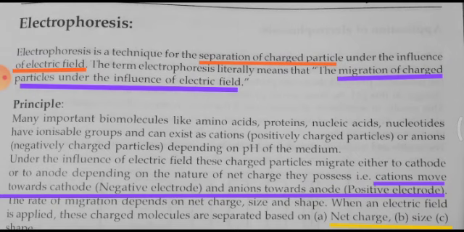Principle: many important biomolecules like amino acids, proteins, nucleic acids, nucleotides have ionizable groups and can exist as cations, that is positively charged particles, or anions, that is negatively charged particles. For example, COO minus is negative and NH3 plus is positive, depending on the pH of the medium.